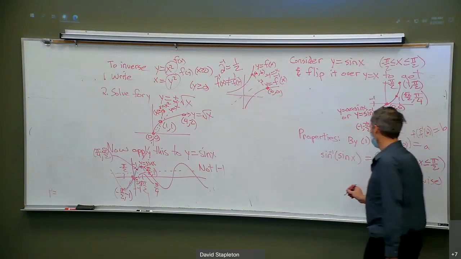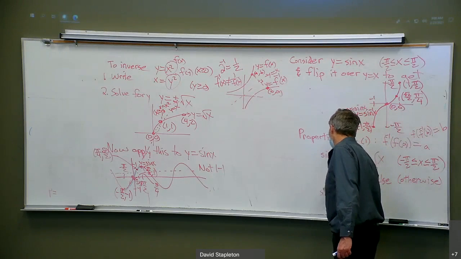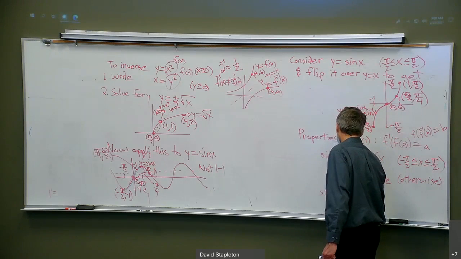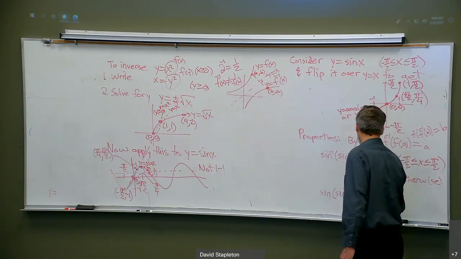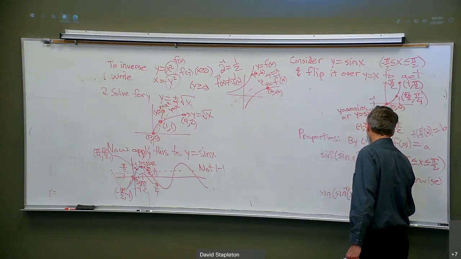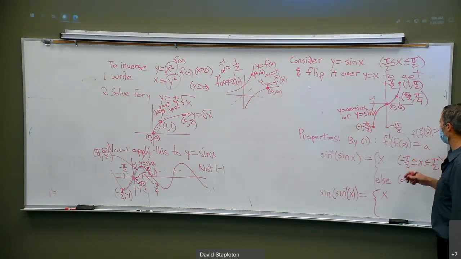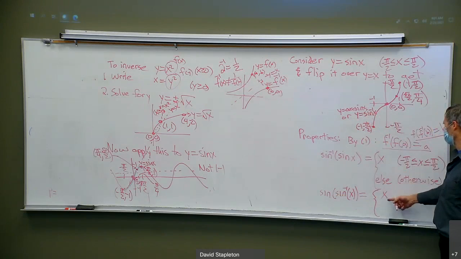So we ought to have, similarly, that the sine of the inverse sine of any number x gives you back what? It ought to give you back x also because f does f inverse. These were equations 1, right? This one gives you this one.